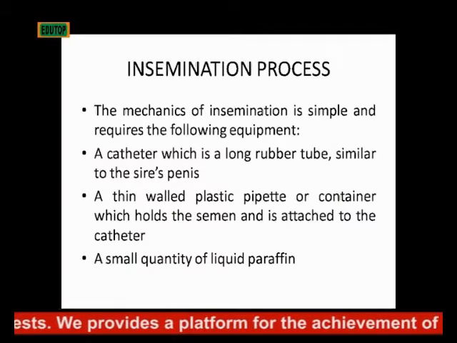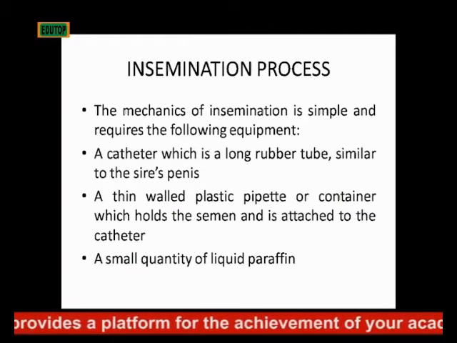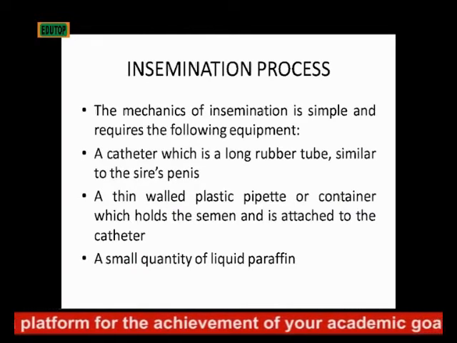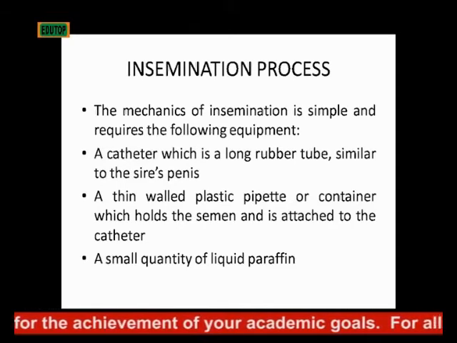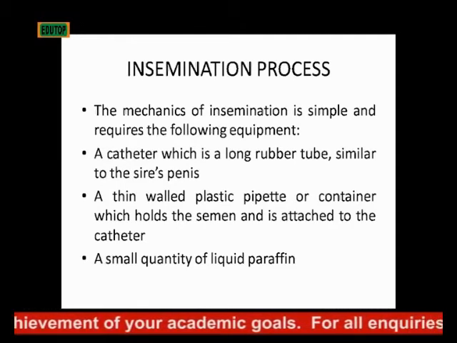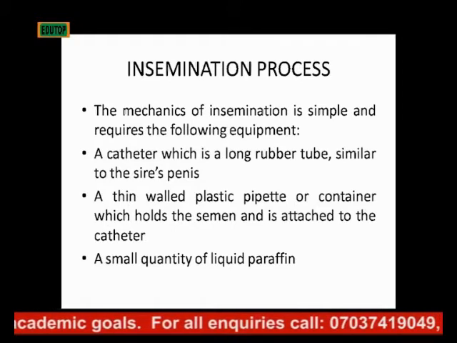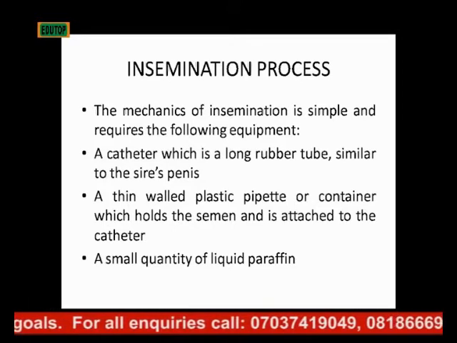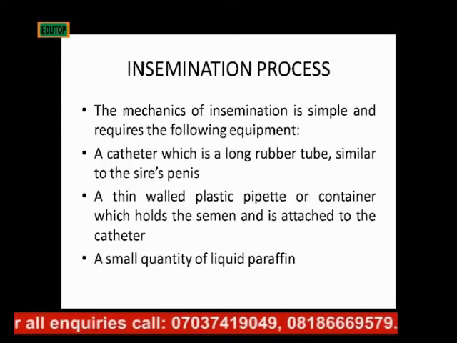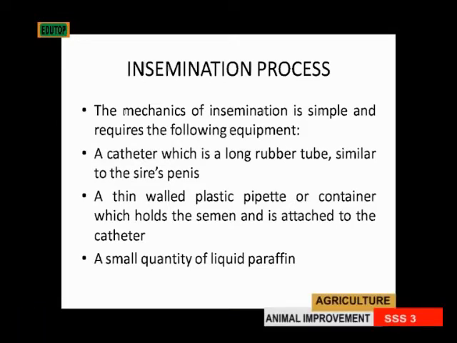Now, we want to talk about the insemination process. The method of insemination is simple, and it requires the following equipment. A catheter is a long rubber tube that is similar to the male animal's penis, the sire's penis.